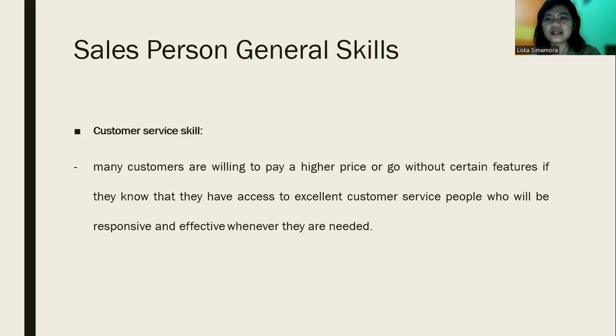So this is about the fast response of the customer service support system, right? They will choose another company that is so responsive and effective, even if that company offers them fewer features. So they value the service so highly.